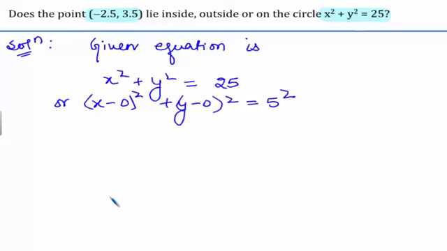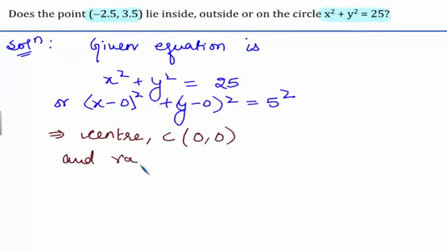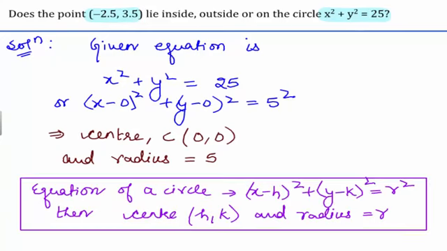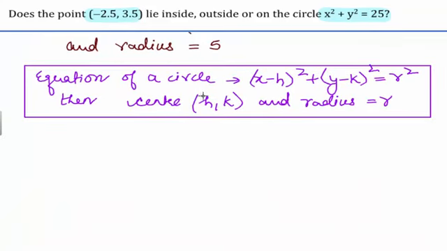Now we know that this implies that the center, denoting it by C, of the circle is (0, 0), and the radius of the circle is 5, since we know that if the equation of a circle is (x minus h) whole square plus (y minus k) whole square is equal to r square, then the center has coordinates (h, k), and the radius of the circle is given by r.